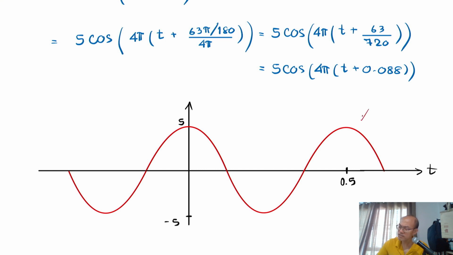And this graph is 5 cosine of 4 pi t, right? And then we know that we have to shift it to the right by 0.088. Yeah, 0.088, right?